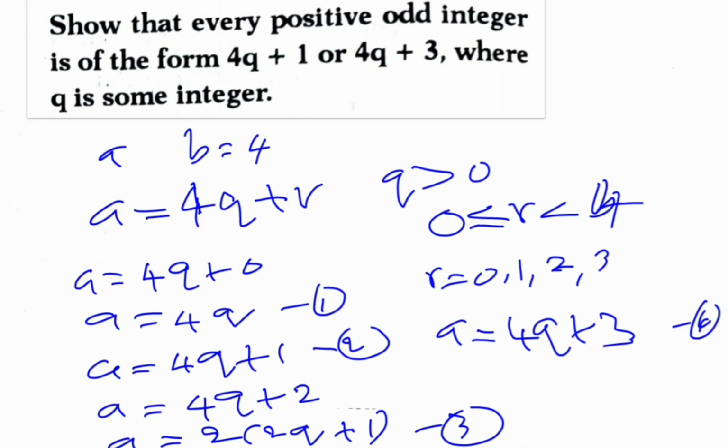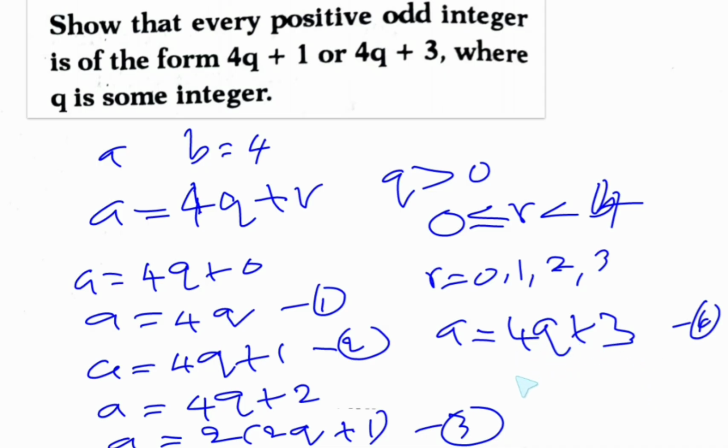Now observe these all. The first one is 4q, the second one is 4q plus 1, the third one is 2 into 2q plus 1, and the fourth one is 4q plus 3.